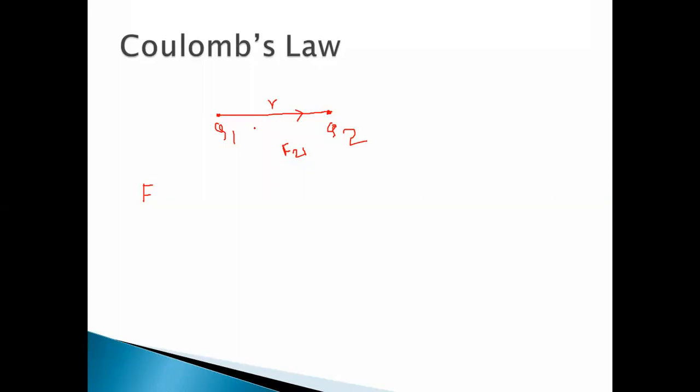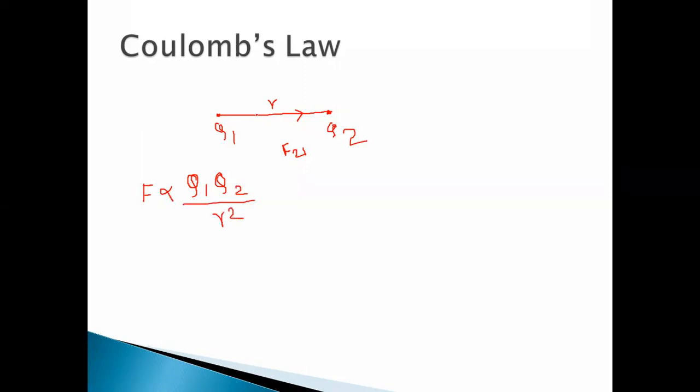This Coulomb's law gives the force between these two charges, and it states that the force between these two charges is proportional to the product of magnitudes of the two charges, that is Q1 and Q2, and is inversely proportional to the square of the distance between these two charges.